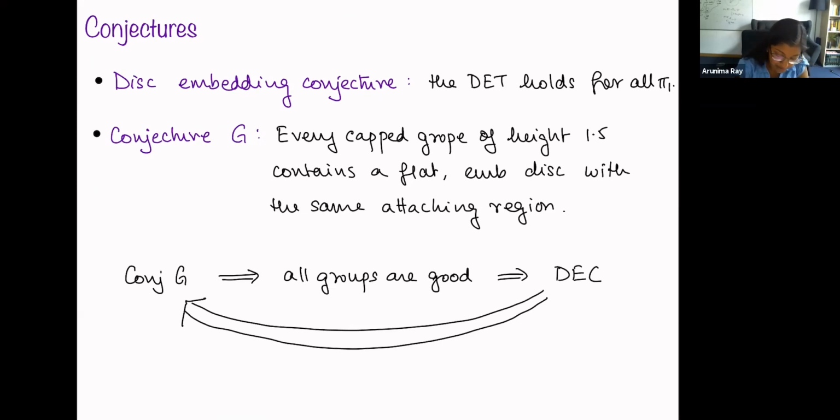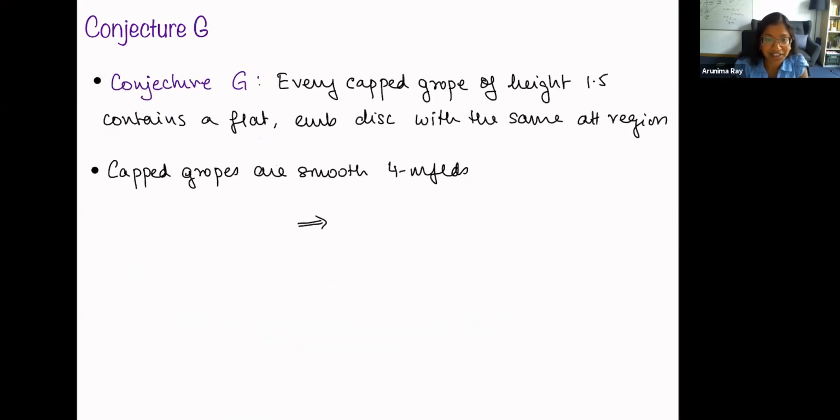This is not a purely smooth question because this is asking for a flatly embedded topological disk, but that's different. But one thing that I do know is that capped groups are smooth four manifolds, so in particular, they have Kirby diagrams.